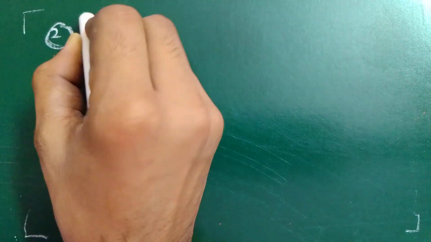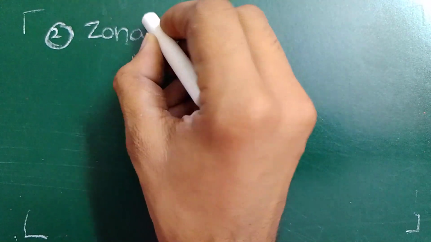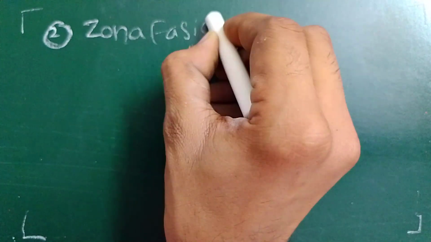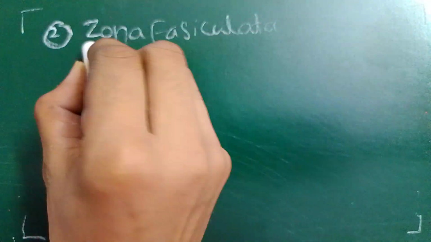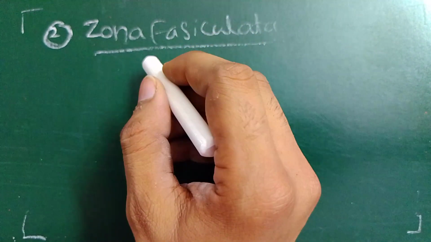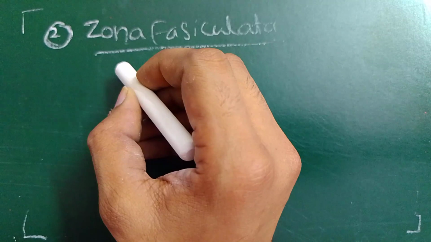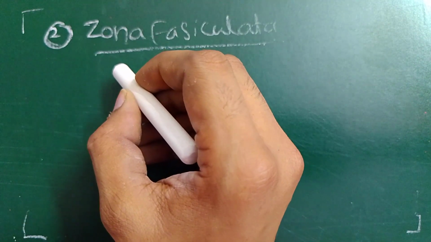So next one is zona fasciculata. Zona fasciculata secretes glucocorticoid like cortisol. Cortisol is the example of glucocorticoid.